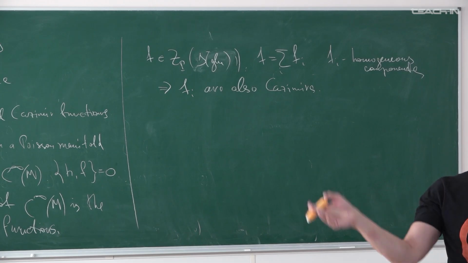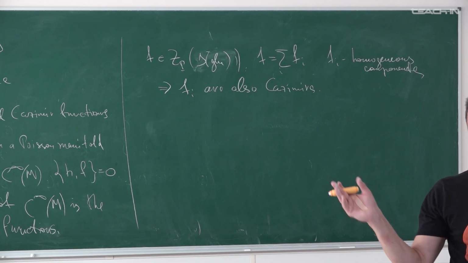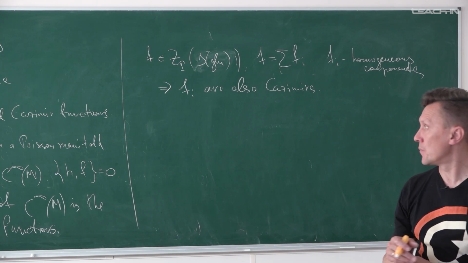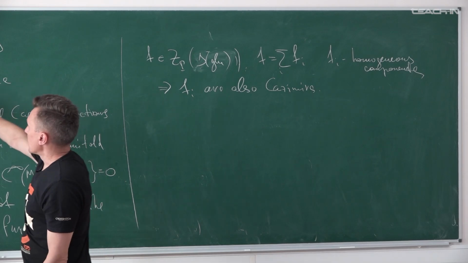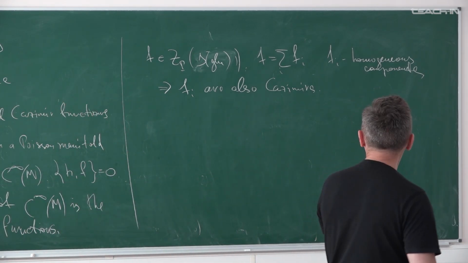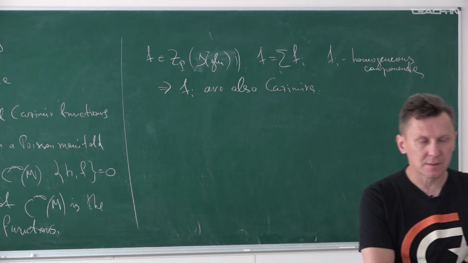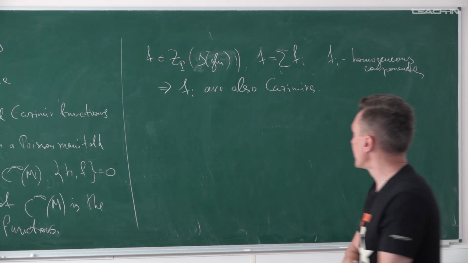Why, if the sum lies in the center, does the homogeneous summand lie in the center? It is not always true, but for this bracket, this is true. I think maybe to get 0, it has some relation with the homogeneous polynomials.